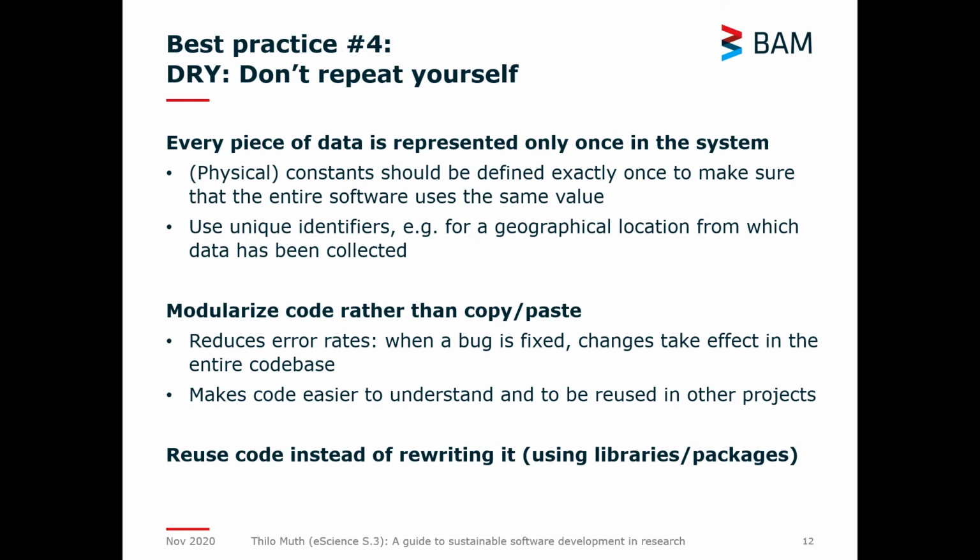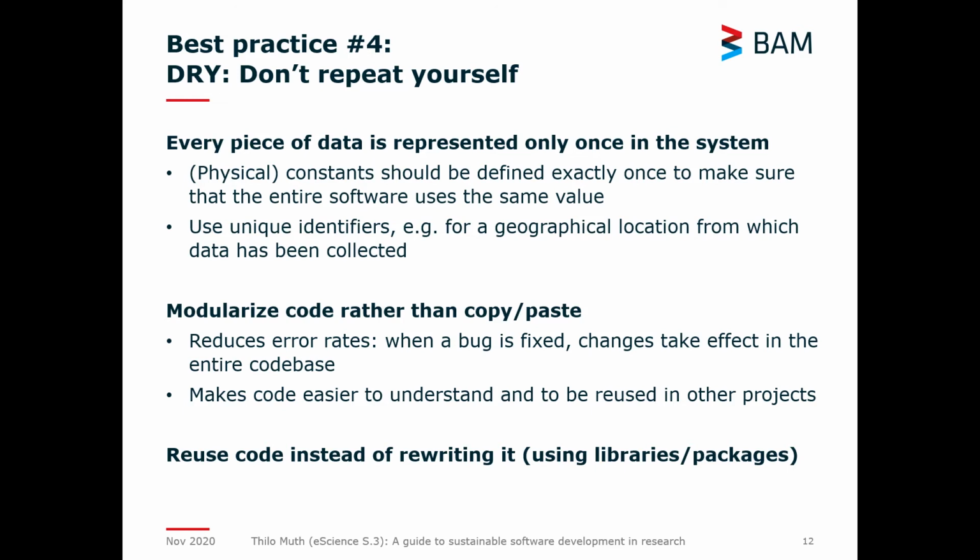Then modularize code rather than copy-paste. Try to extract methods and classes that you use very frequently and put them into modules, into libraries. This also reduces error rates, because once a bug is fixed in one place, the changes take effect in the entire code base.